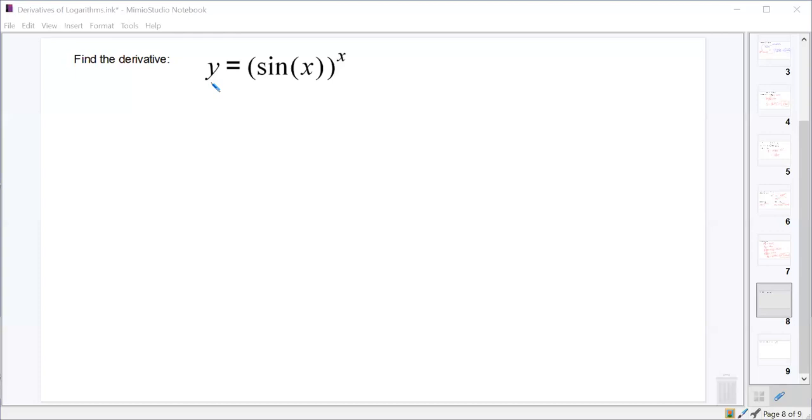You guys finished? Did you guys get an answer for this? Yeah. So, okay, let's run through it real quick. Natural log y equals, if you take the natural log on the right, we should get x natural log sine x. Did everybody get that after their first couple of steps? Yes.